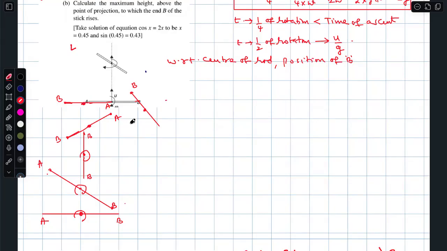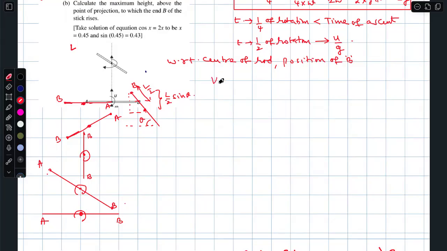We will define something like this. Let this be theta. In that case, this is L by 2, and this distance is L by 2 sin theta, not cos theta, sin theta.